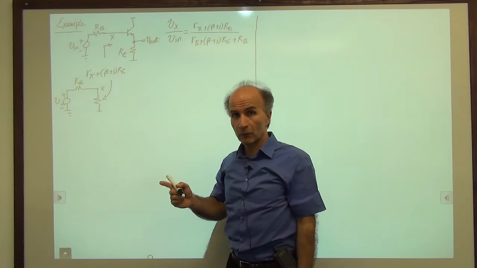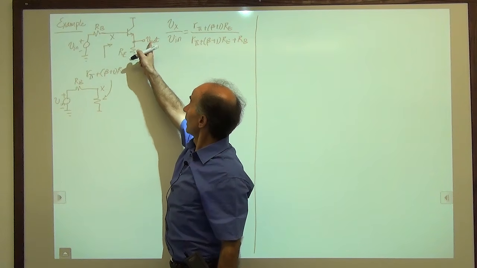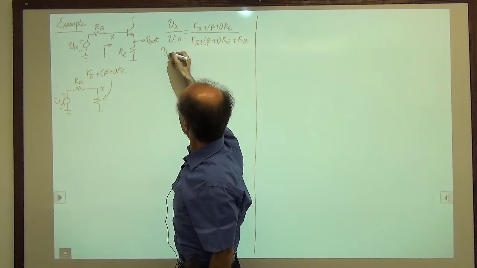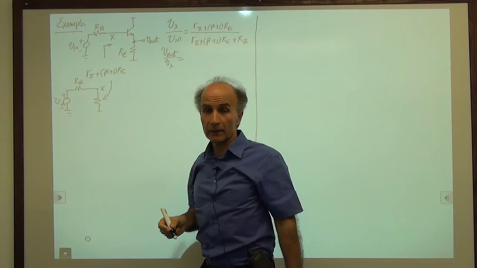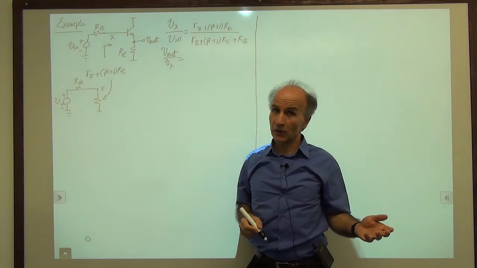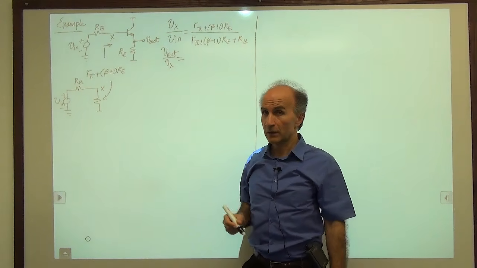The next step, we find the voltage gain from X to V out. So V out over Vx. How much is that? We know that already. That is the voltage gain of an emitter follower.